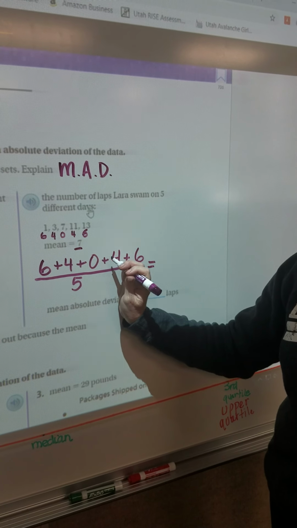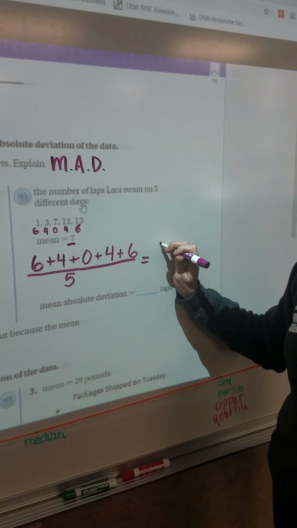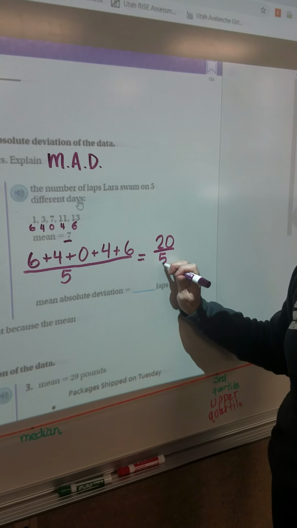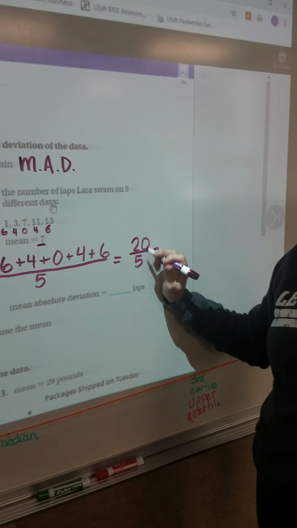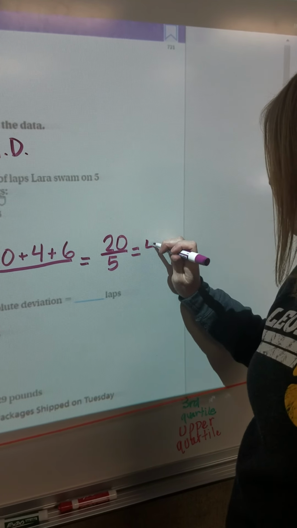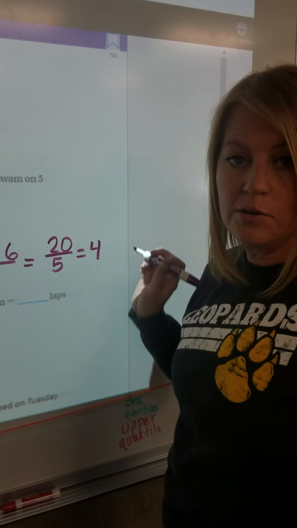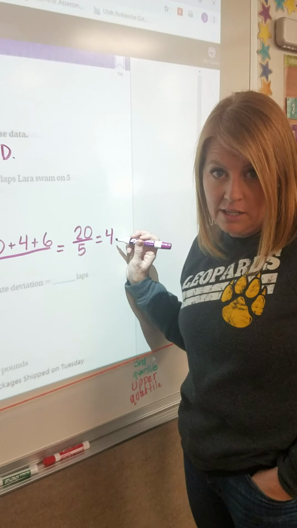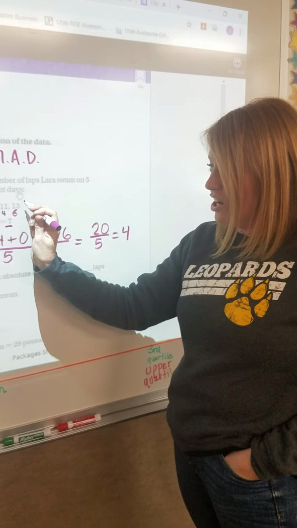Plus 0 plus 6 and 4, also 10. So 20 divided by 5, which, it says we have 20 and it takes 5 to make a whole one. That's 4.